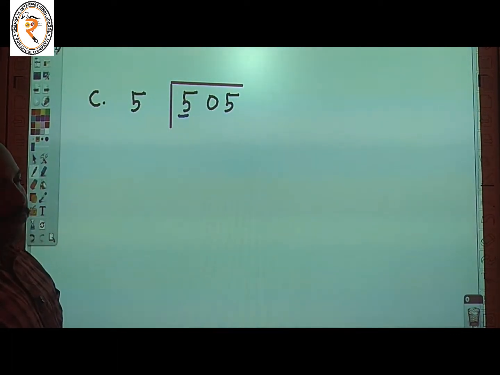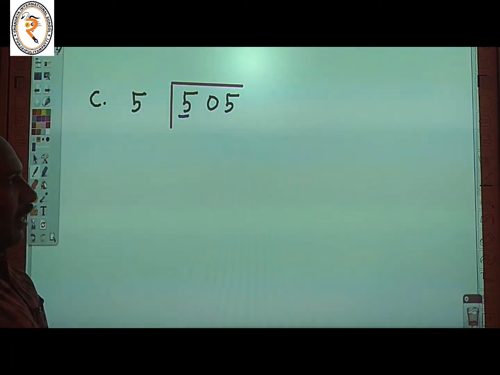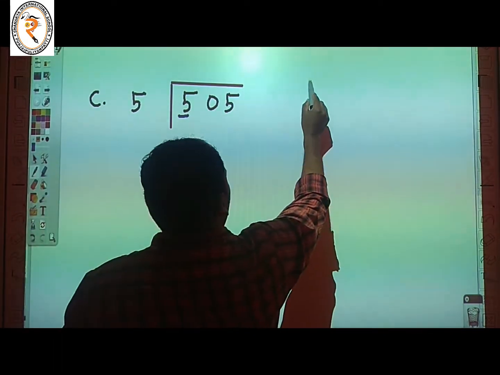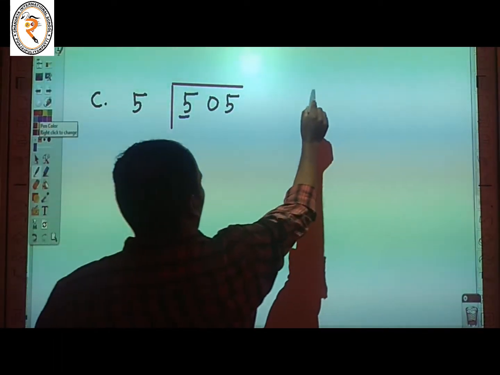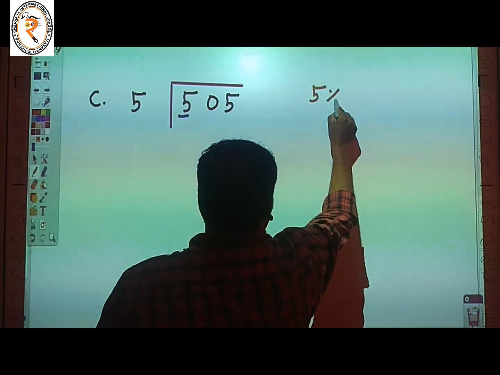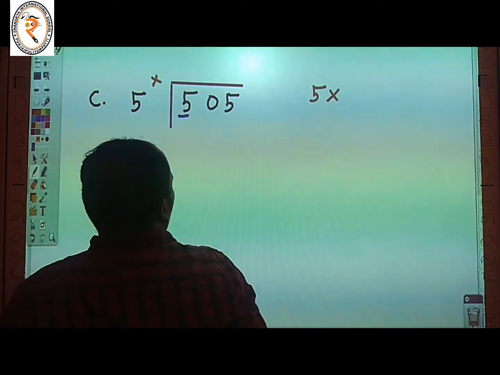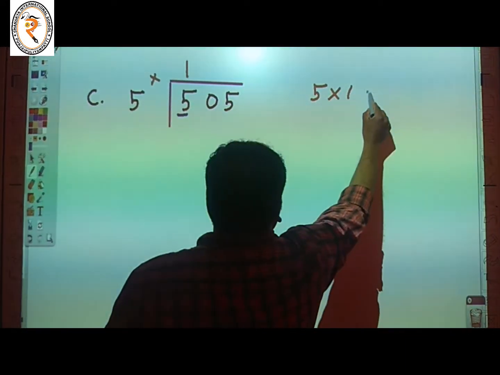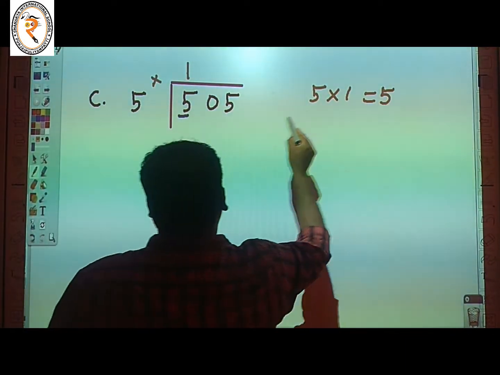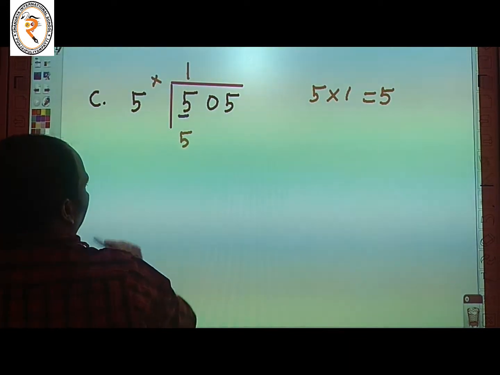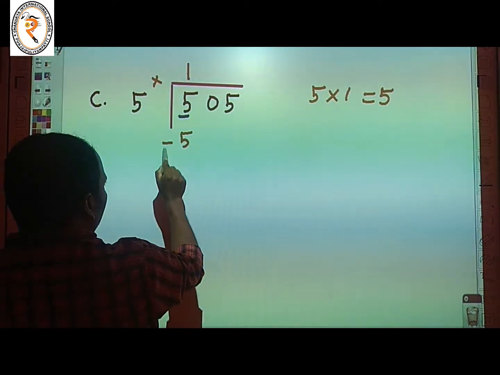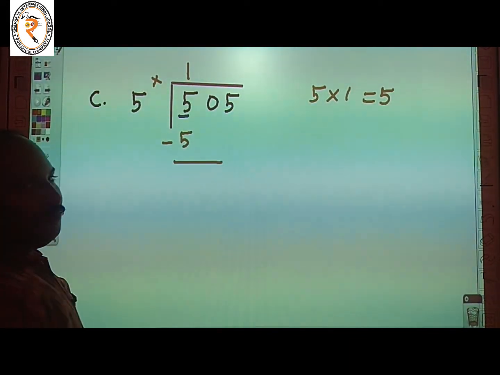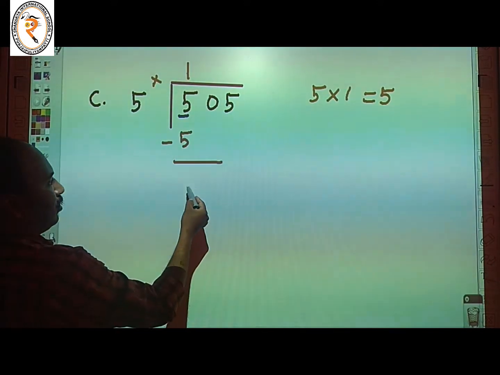The hundreds place is 5. 5 divided by 5, that means we take the fifth table. 5 into 1 is equal to 5. Next you want to subtract: 5 minus 5 is equal to 0.